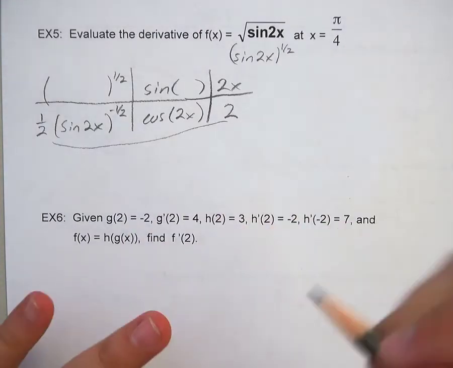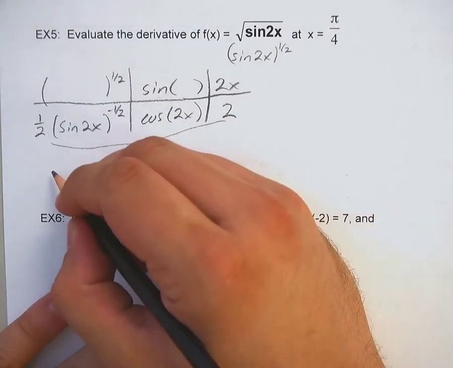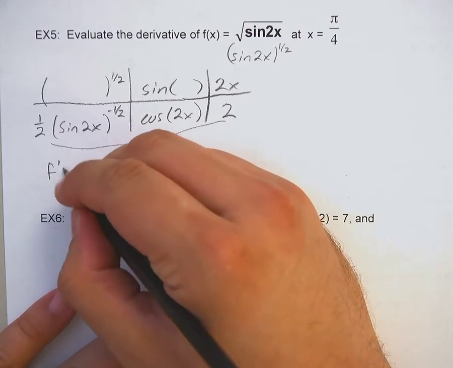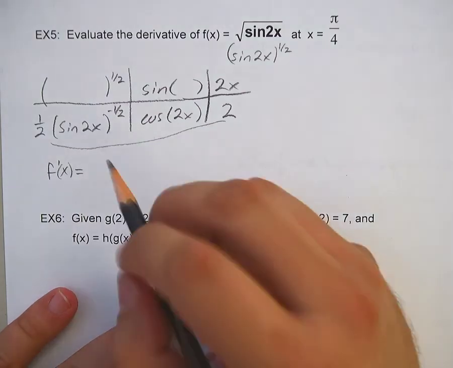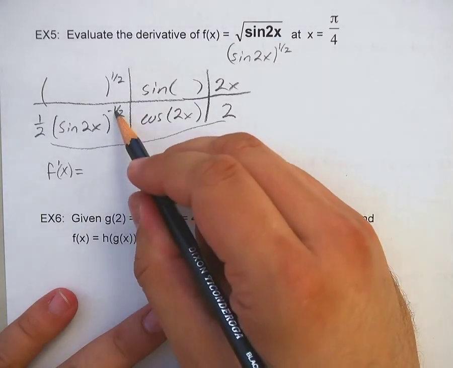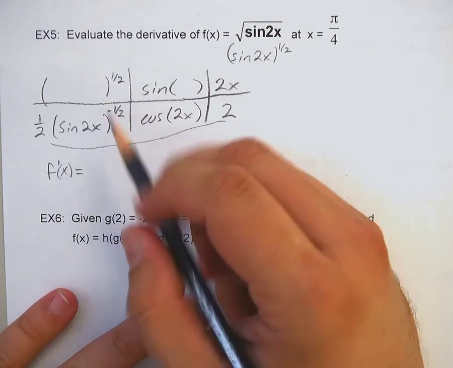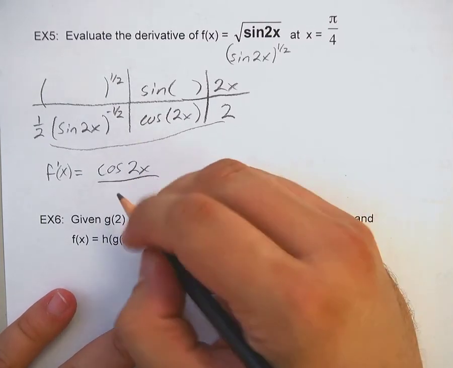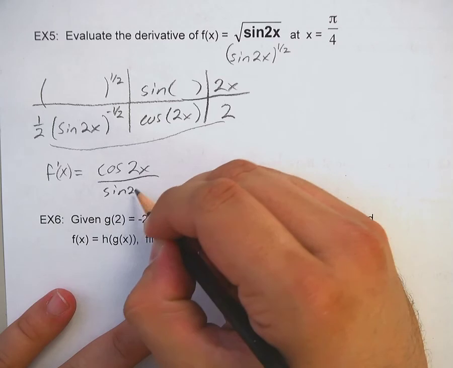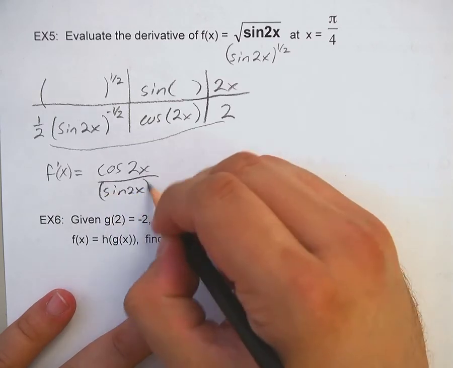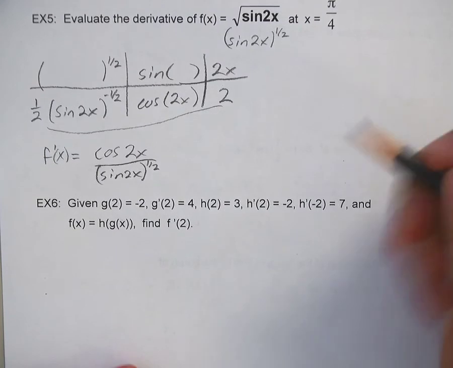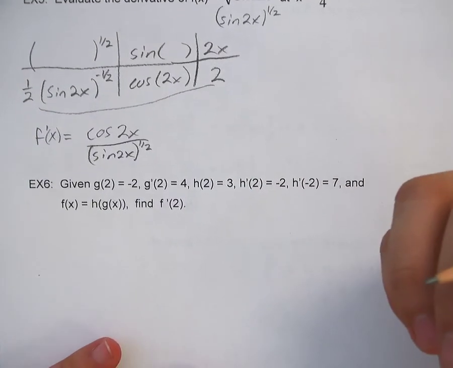So what you're left with here, f prime of x is going to be, this is going to be in the bottom part of a fraction because of the negative, so let's just go ahead and jump to it. Cosine of 2x over sine of 2x to the 1/2. You could also do square root if you wanted to.